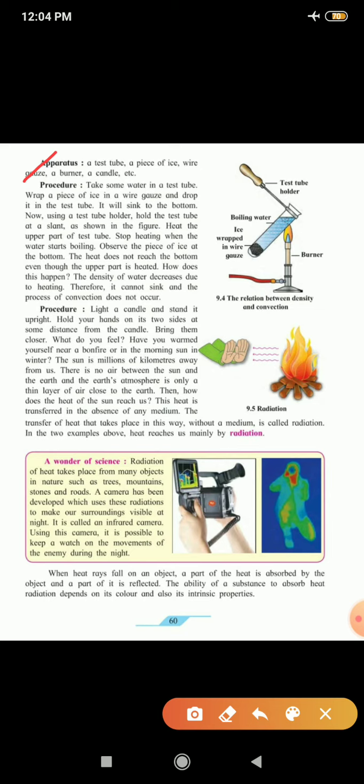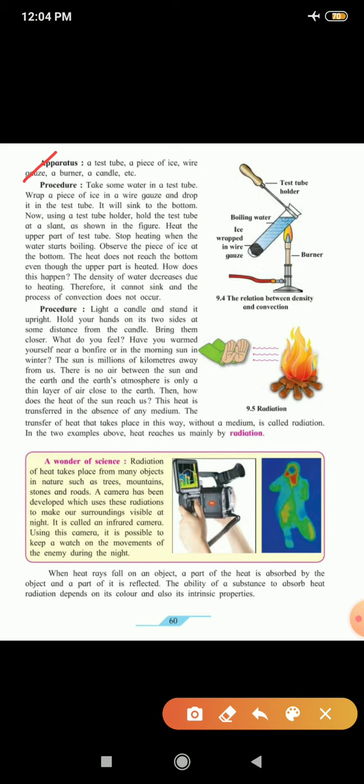It will sink to the bottom. Now use the test tube holder. Hold the test tube in a slant way as shown in the figure. Heat the upper part of the test tube. Stop heating when the water starts boiling.